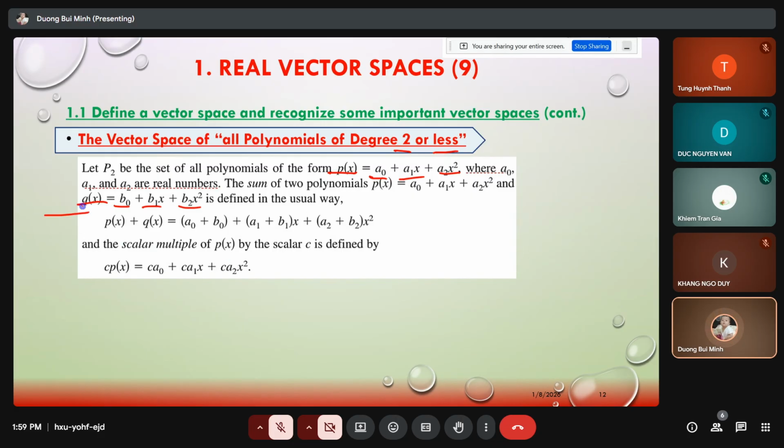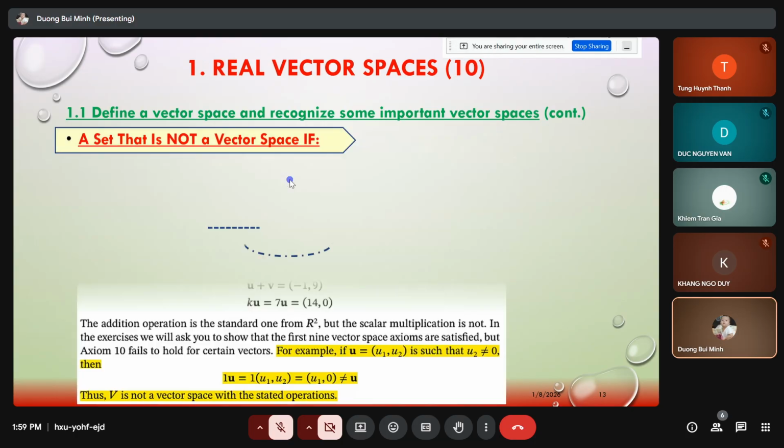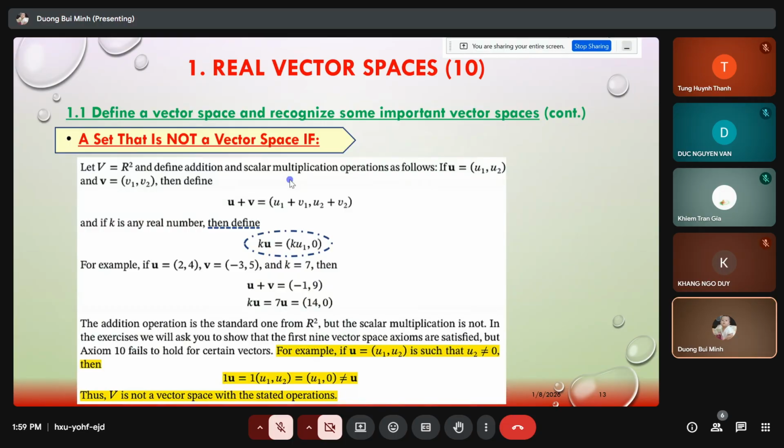We double check with SM1: p(x) plus q(x) gives a0 plus b0, a1 plus b1, a2 plus b2, the same format as a polynomial function. We double check with SM6 as well, and we have a vector space of polynomials. So we have some typical cases.